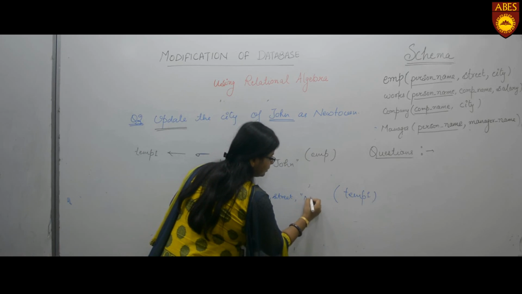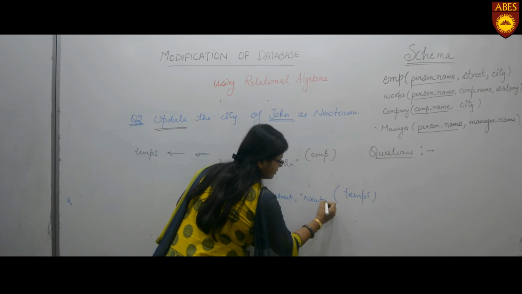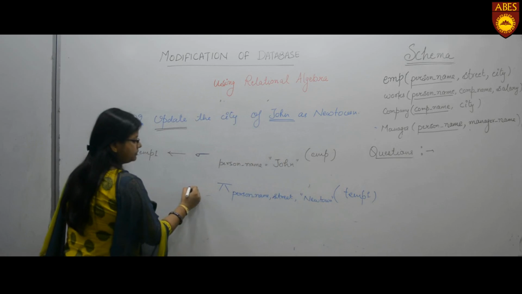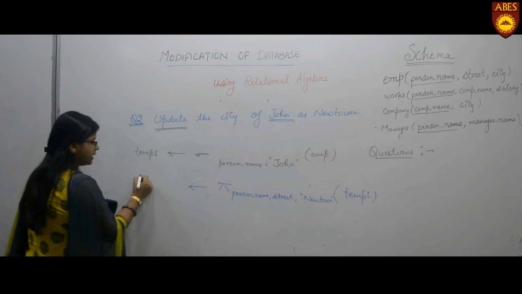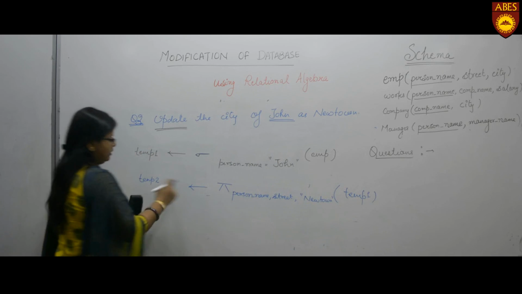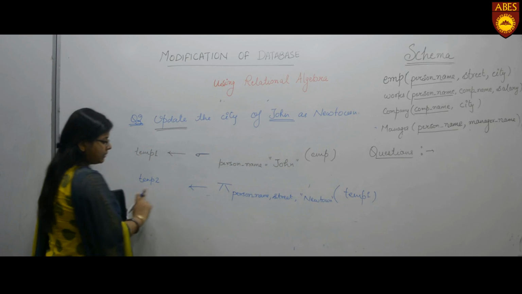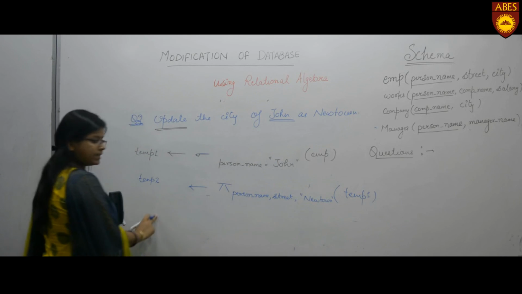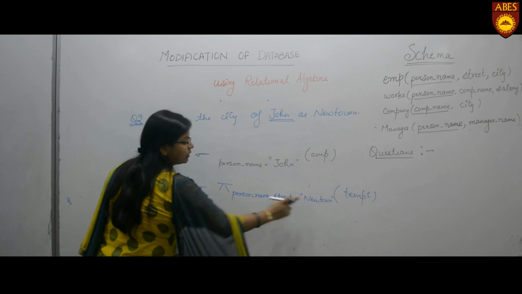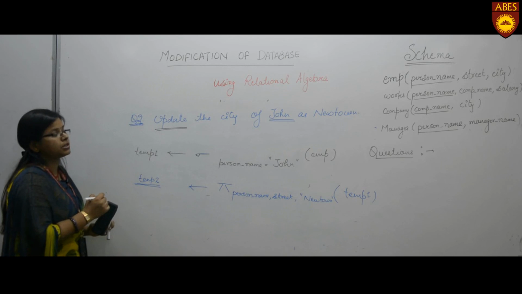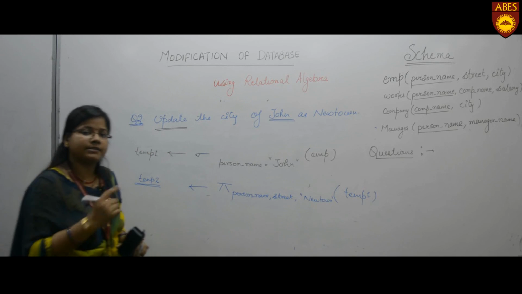So I'll write Newtown. Now I'm creating a second temporary relation, temp2, which stores person name where person name is John, street as it is, but city will be Newtown. That means temp2 is a collection of the tuples where person name is John and city is Newtown.